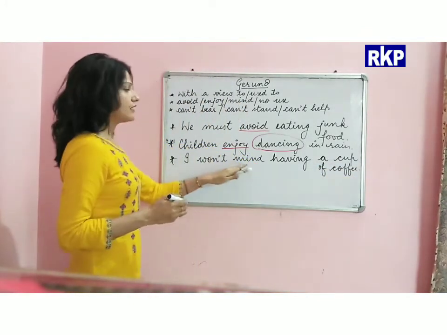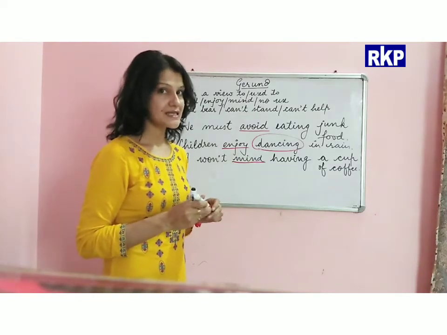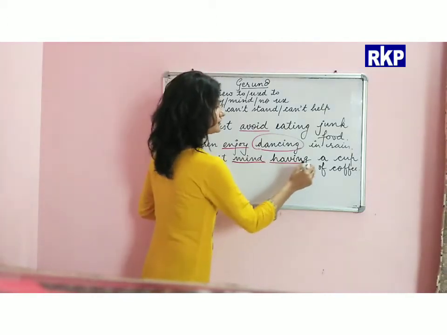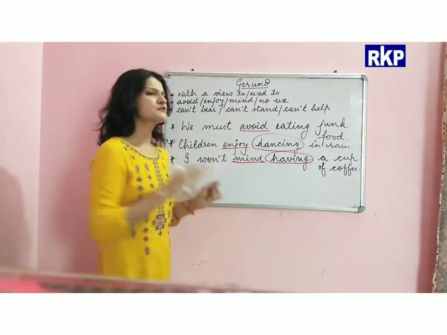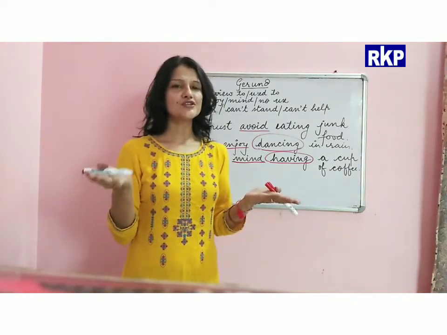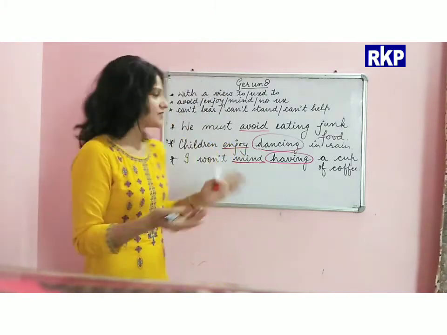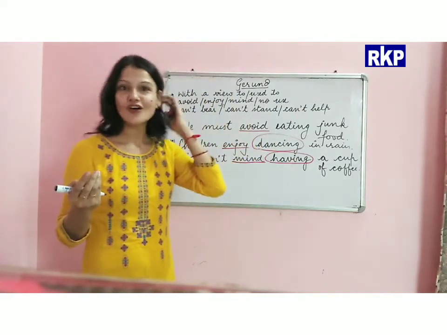Alright, so here this is a verb mind, that means to dislike, and having is the gerund form of verb. So this sentence basically means it's okay with me to have a cup of coffee. So that is another way of saying the same sentence. I won't mind having a cup of coffee.